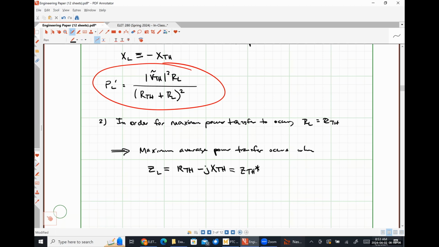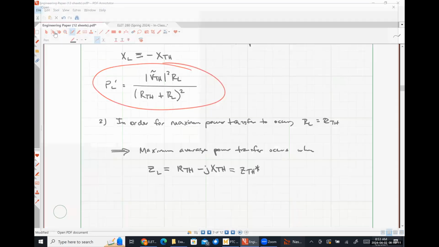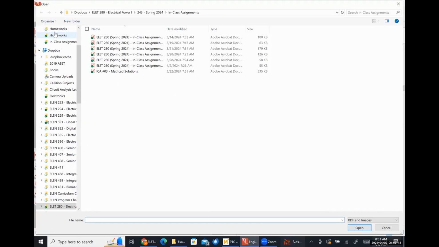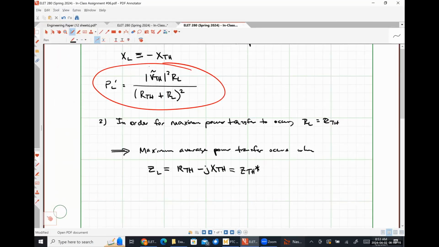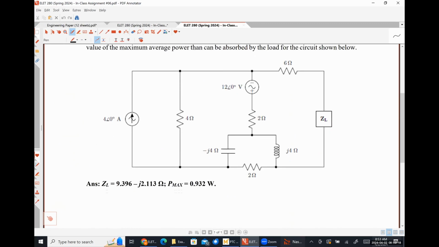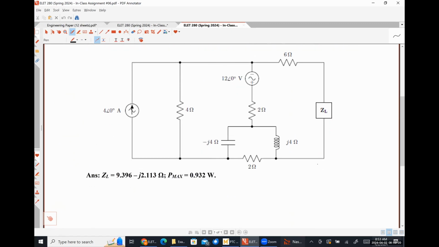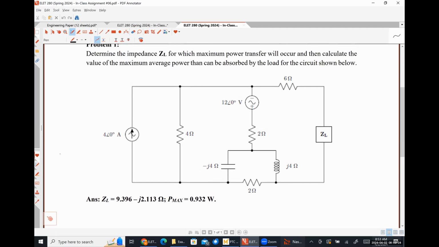All right. So let's open up something here. We've got this big circuit here, and our goal is to figure out what impedance will cause maximum power transfer to happen. And then we need to calculate the value of the maximum average power that can be absorbed by the load, okay?